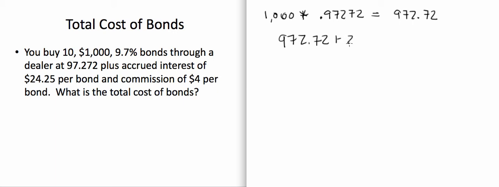Then we're going to add in our accrued interest and commission to that value, so 972.72 plus 24.25 plus 4, and that gives us an answer of $1,000.97.